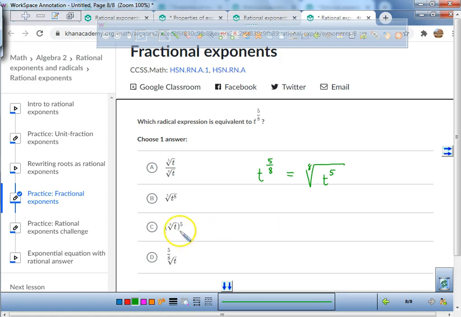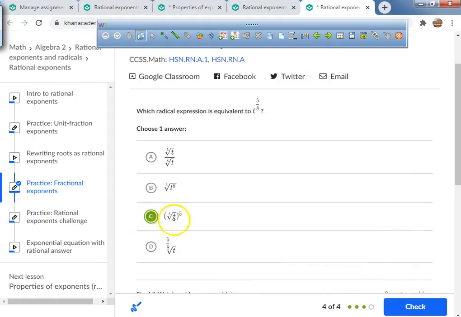C is the right answer. Now, why is C the right answer? It doesn't look the same, does it? Okay? So check this out. This right here can actually be rewritten as t to the power of 1 over 8. And if I raise that to the power of 5, 5 times 1/8 is t to the power of 5 over 8. So these expressions actually are equivalent expressions. So that's why the answer is C.